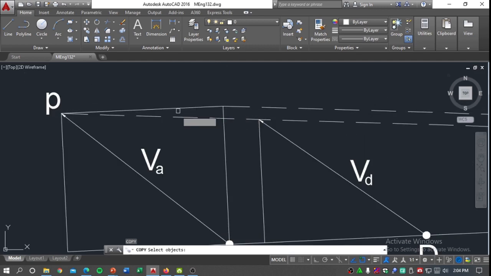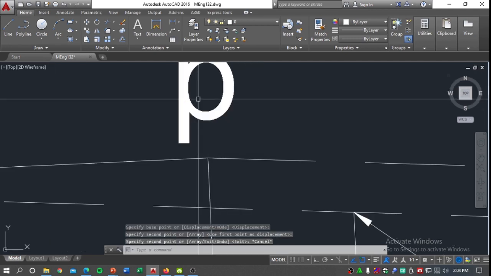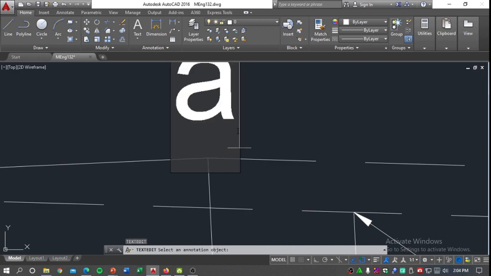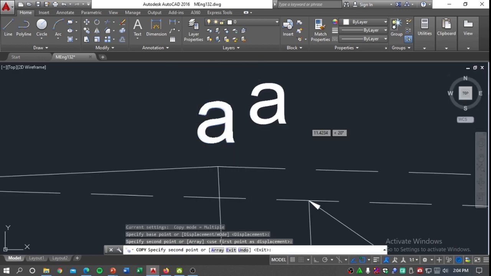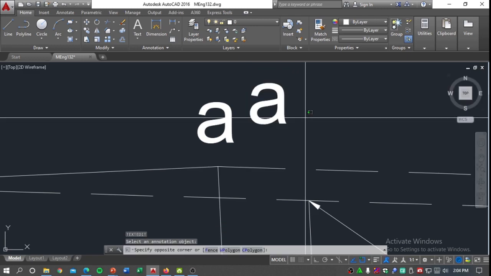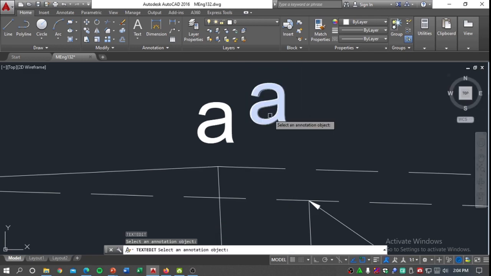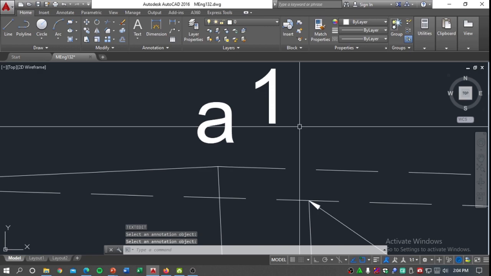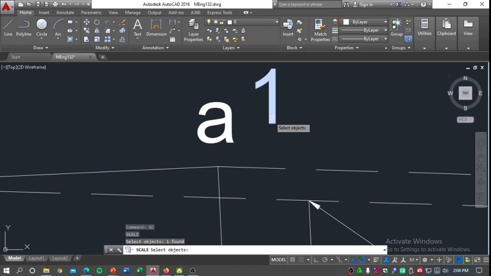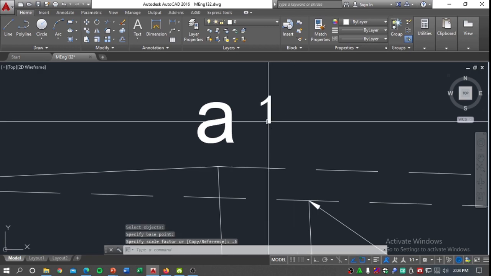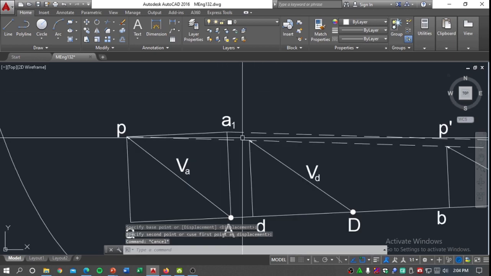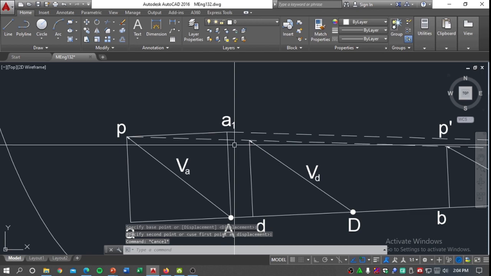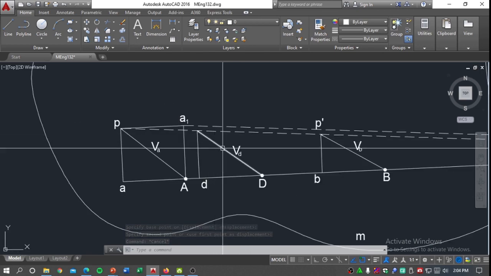Thus, we'll assign this point as point A1. Sorry, so this is now A1. Okay, so this is now our point A1.